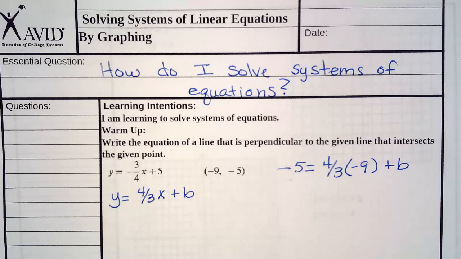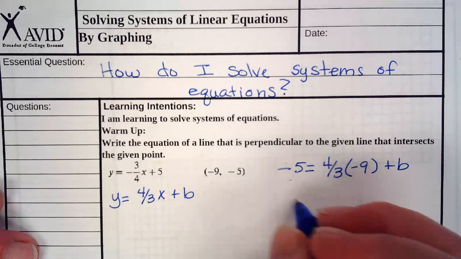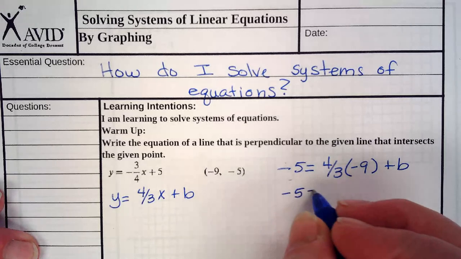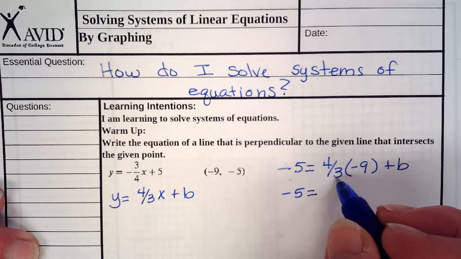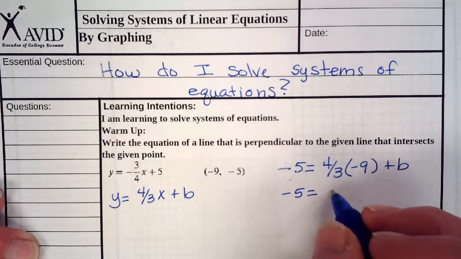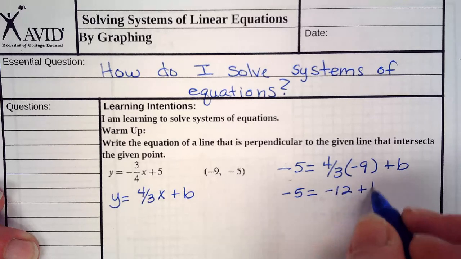Okay, hopefully you were able to do that. -5 is equal to, well, -9 divided by 3 is -3. -3 times 4 is -12 plus b.